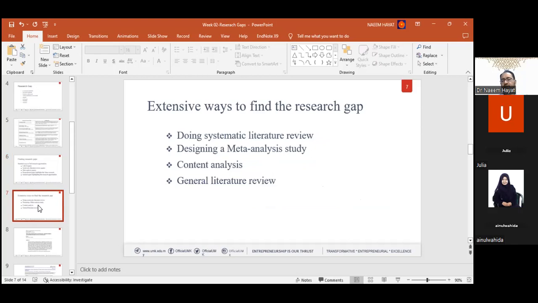Another way of finding the research gap is doing the systematic literature review yourself. Mostly we suggest people who are doing a PhD must go for a systematic literature review. If they do one, they will have at least 5, 10, 20 maybe research gaps, and that helps them in the future research journey after the PhD, post PhD.